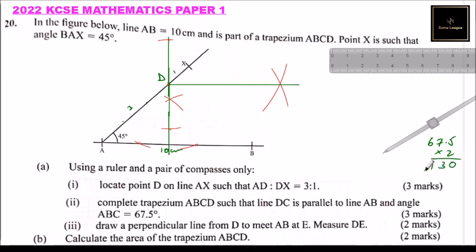So if we are able to draw angle 135 degrees, and then we bisect it by 2, we would be able to get the line. How do we draw the angle 135? We can bisect an angle of 90.